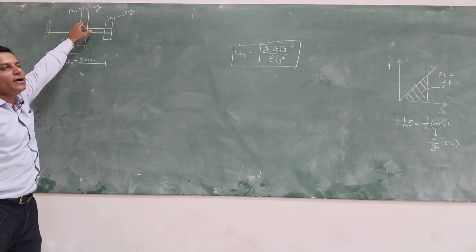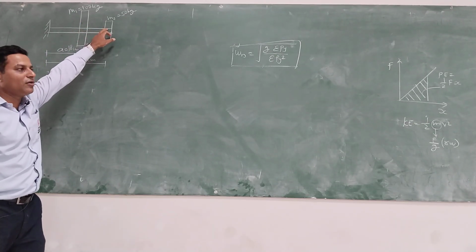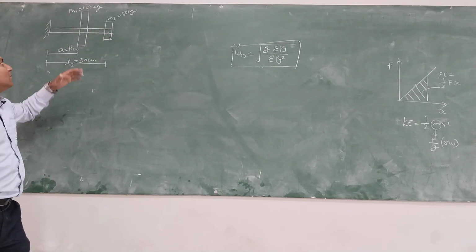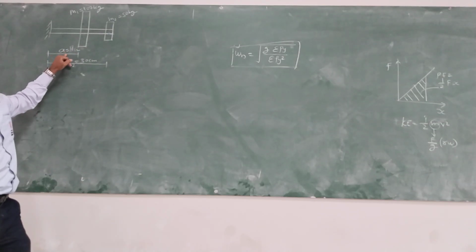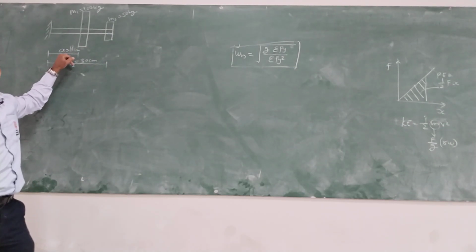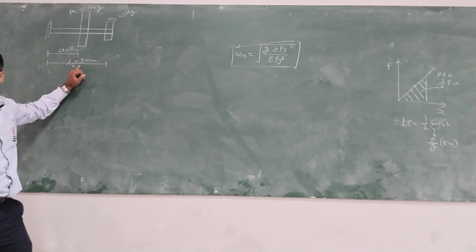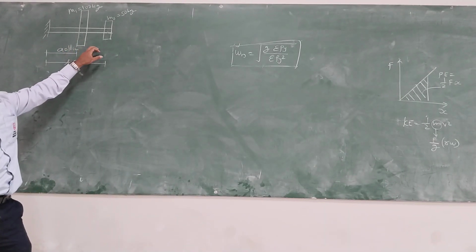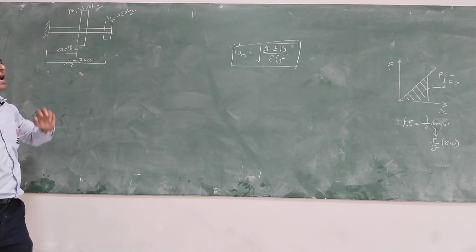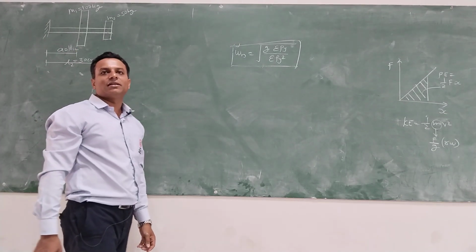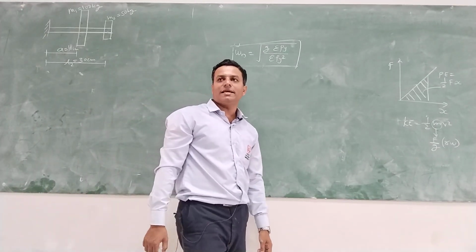One point load is of 100 kg and second point load of 50 kg. The first mass is placed at distance 18 centimeter from fixed end, and the second mass is placed at distance 30 centimeter from the fixed end. Okay, and we have to use the Rayleigh's method to determine the natural frequency.